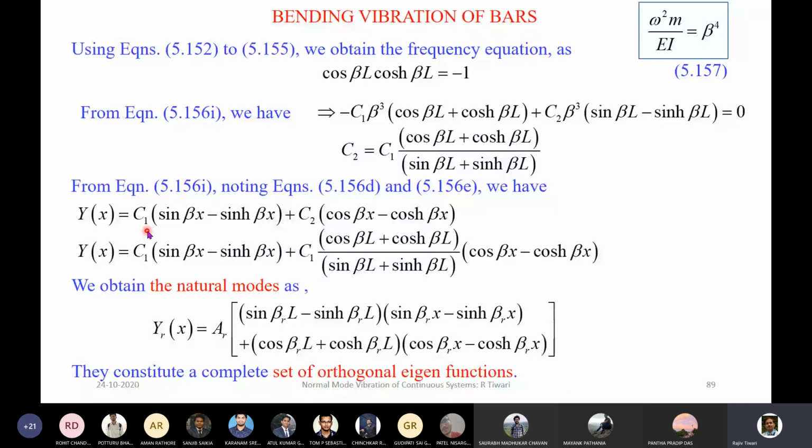C4 is equal to minus C2. Then we got this. Now we are replacing this also with this expression so that we have the expression in terms of C1 only. So C1 is common, that can be taken common.